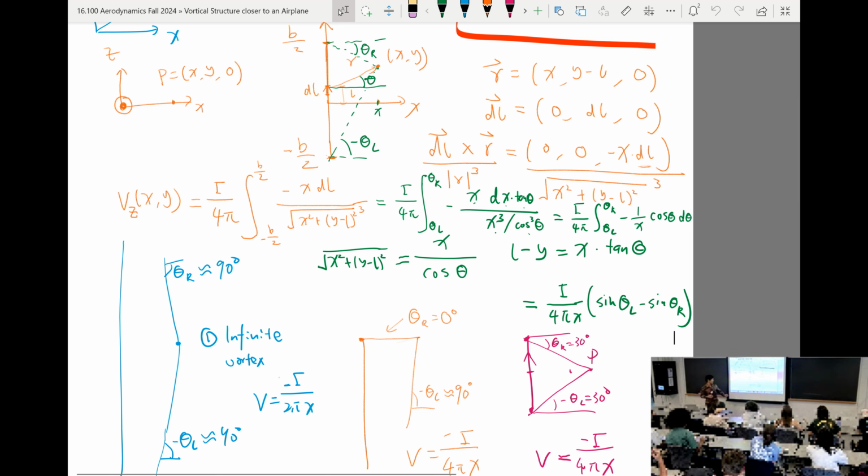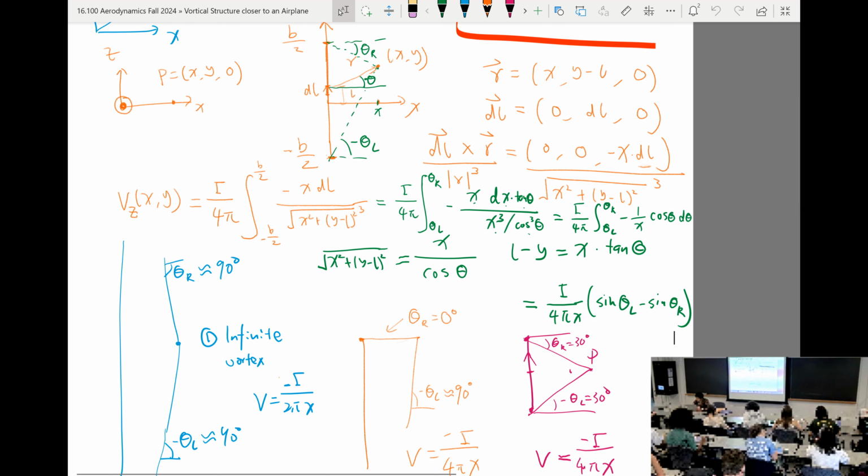I mean, this is basically saying x, which is this side, is equal to the hypotenuse times cosine theta.